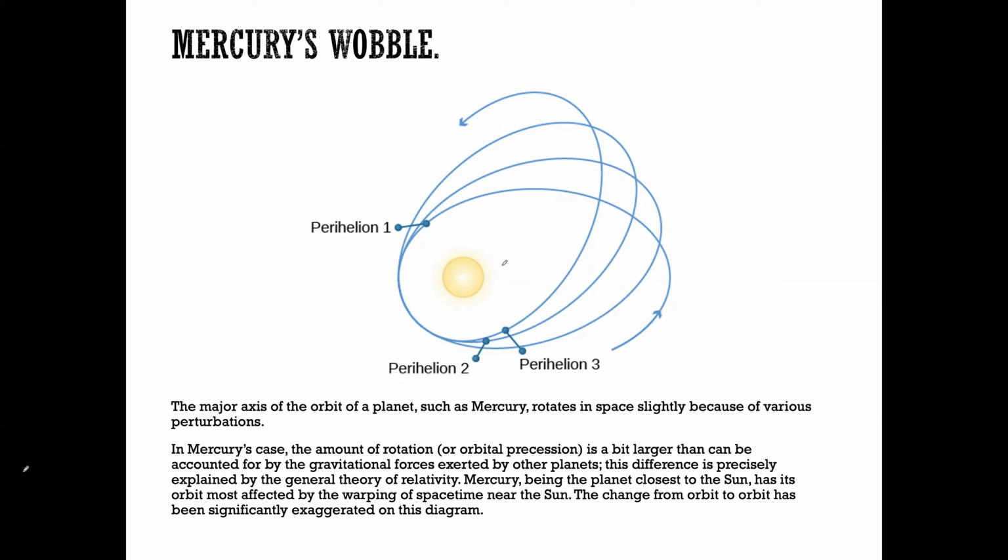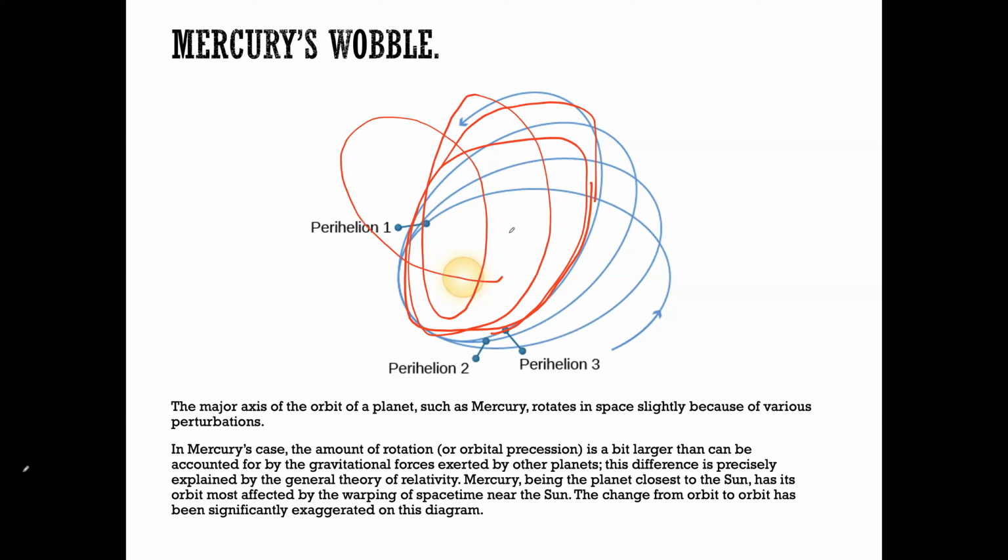Which means it will go along a path like this one time, and the next time the path will change by a small amount like that. So this happens like this, and the path will start to go like that.